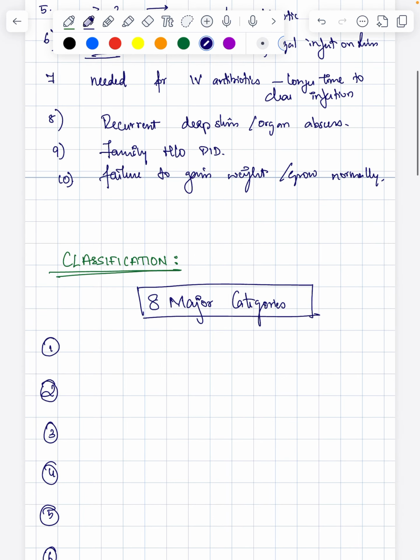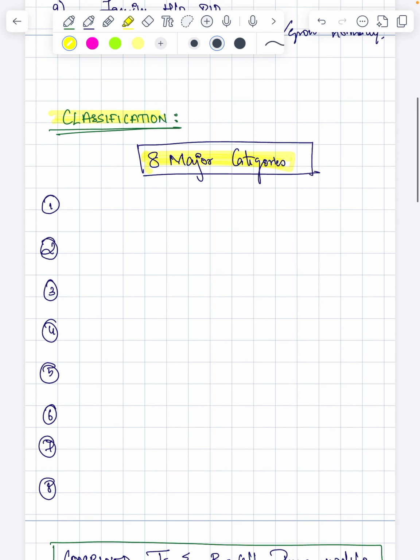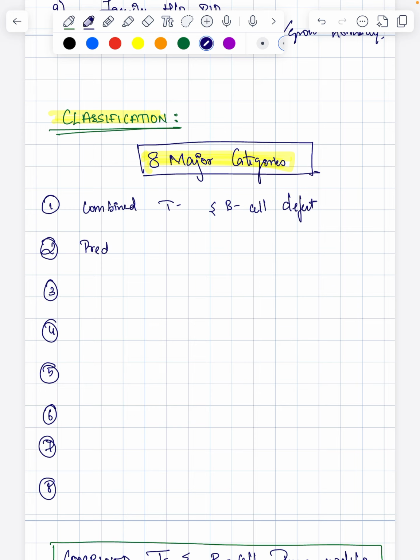Coming to the classification of primary immunodeficiency disease, there are 8 major categories. I have taken this from the IAP article, where they have simplified it as 8 major categories. First is combined T and B cell defect. Second is predominantly antibody deficiency.